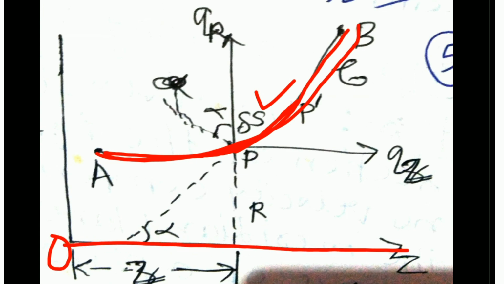We have to find the volume of fluid crossing the surface of revolution of AB about this OZ per unit time from right to left.